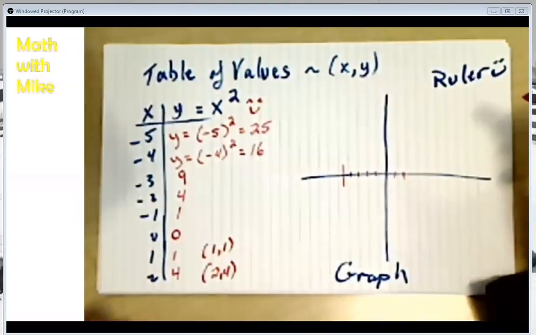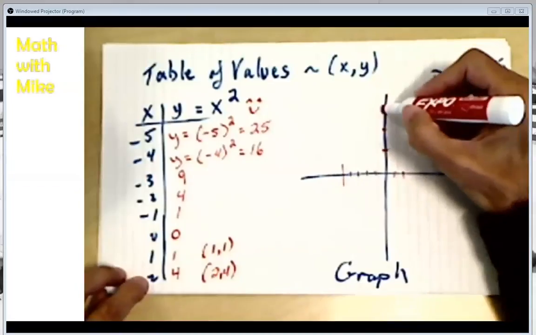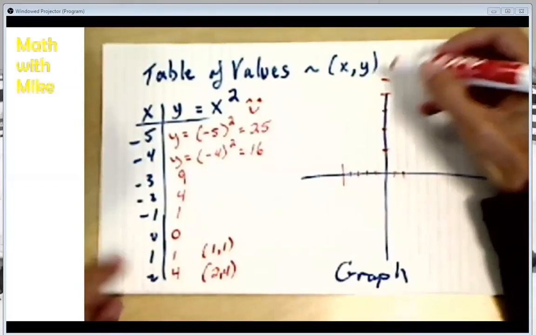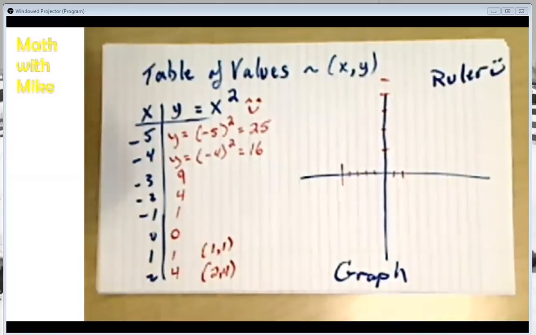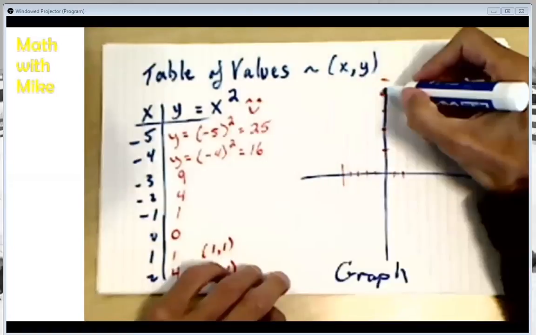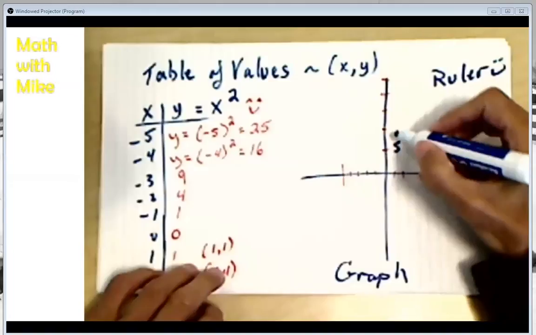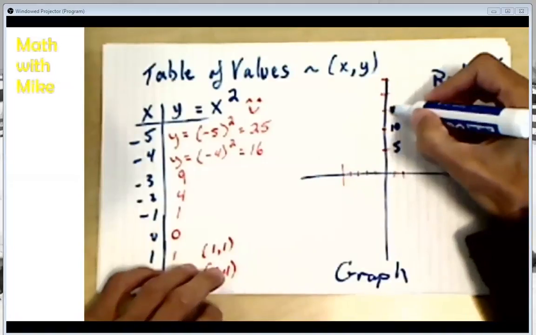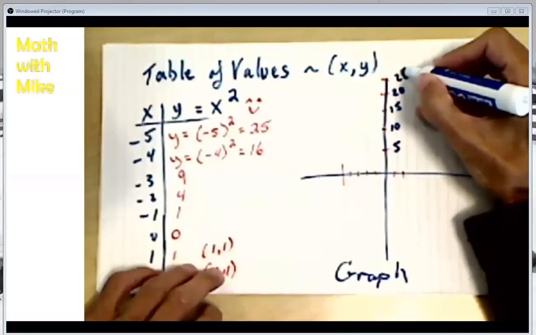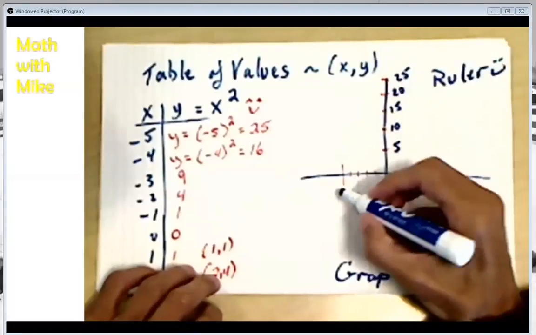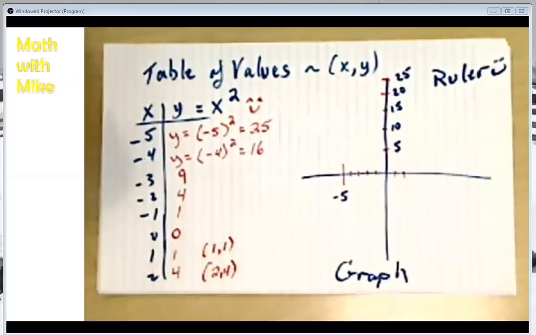And we got to go up to 5, 10, 15, 20, 25 is up there off the screen, right? Okay, so this is 5, 10, 15, 20, and 25. That's minus 5 and then plus 5 on this side here.